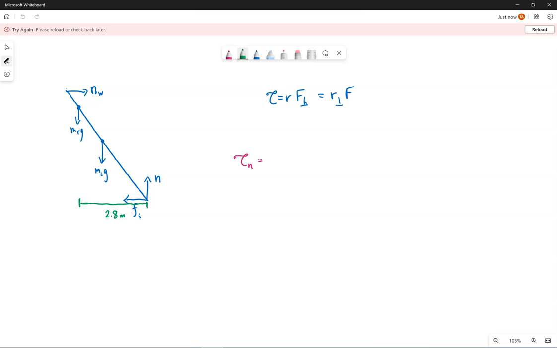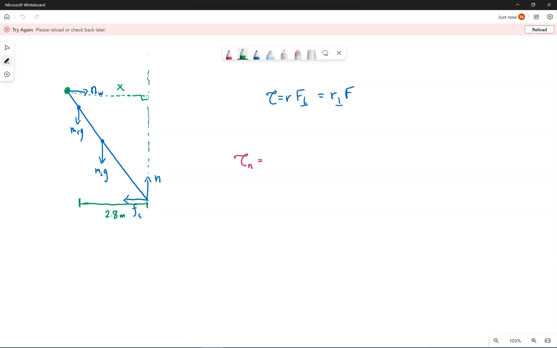The distance, if I imagine just making my normal force nice and long, and then I come and put my rotation axis at the top, and just draw a line from the rotation axis that meets that line that represents the normal force at a right angle, these are perpendicular.